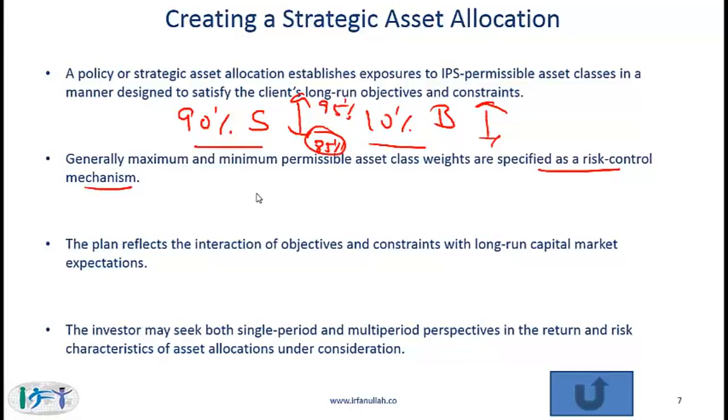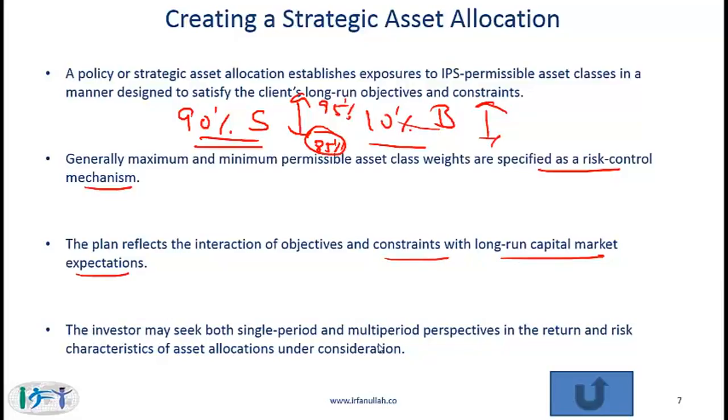So very often we have these bands, and this is something that we'll see in a lot more detail at level 3. The plan reflects the interaction of objectives and constraints with long-run capital market expectations. I've already alluded to that. When you come up with this allocation, you are thinking about the client, and you are also thinking about the expectations you have related to the capital markets.